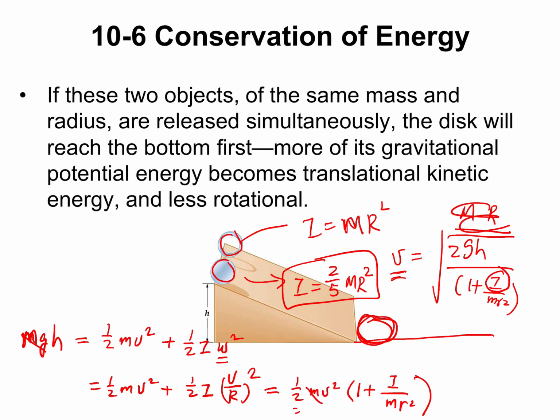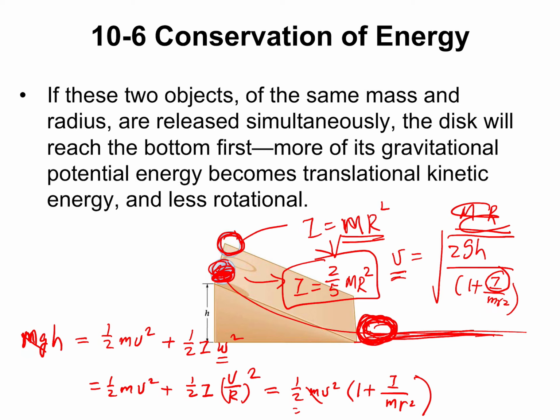You see, the ring's is bigger than the other one. So this one moves down with a smaller velocity, and the solid sphere reaches the flat surface first. Because when you reach here, you have bigger velocity, which means it takes less time.